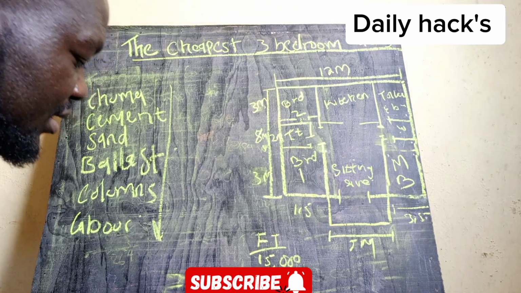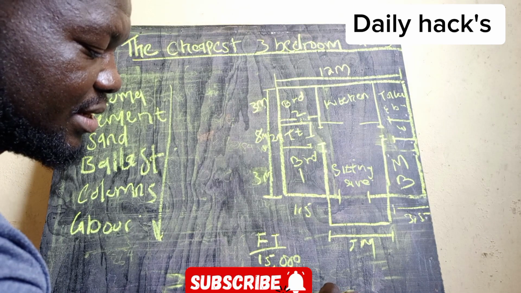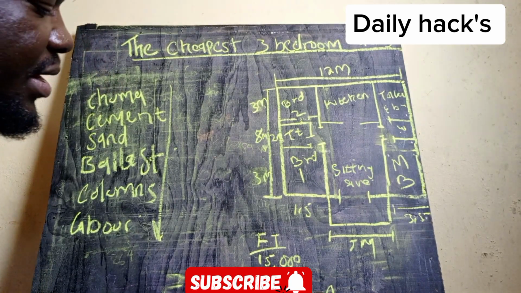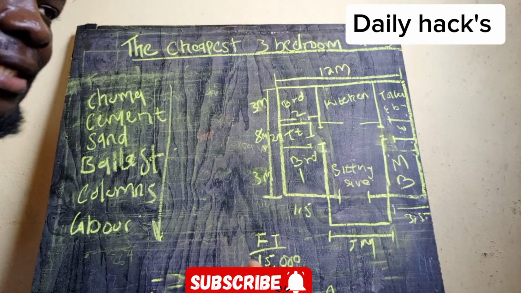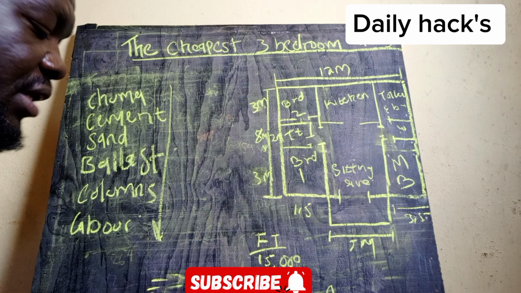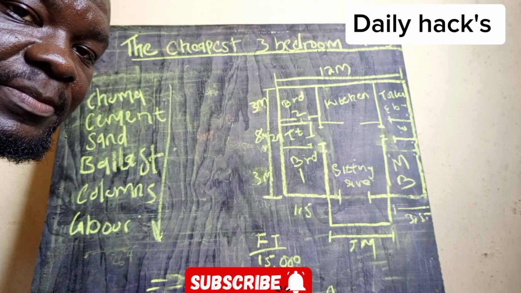That is around 260 feet. Then you will do the rings at a spacing of 1.5 feet.